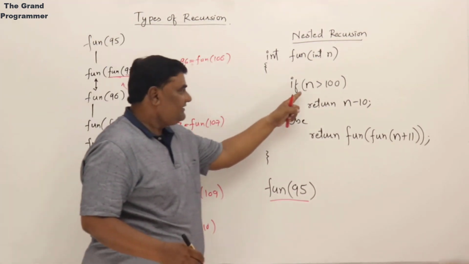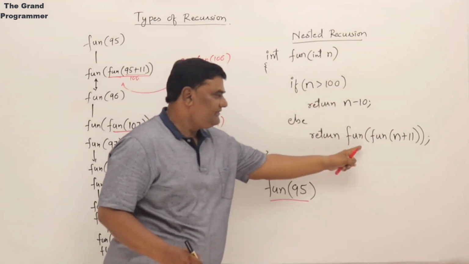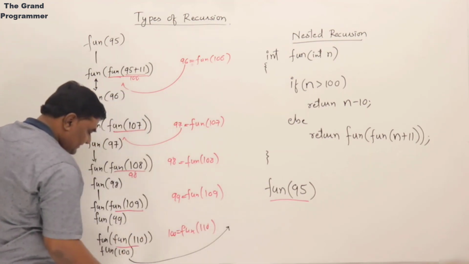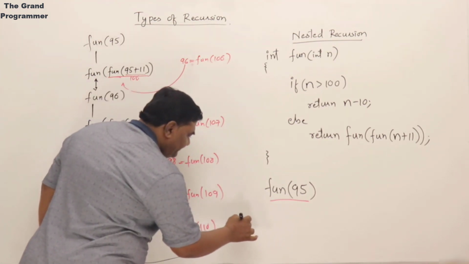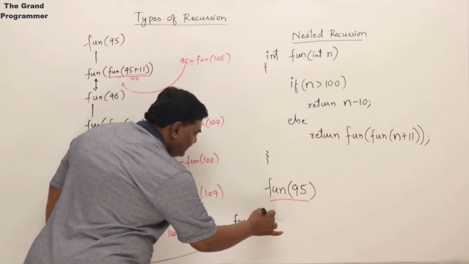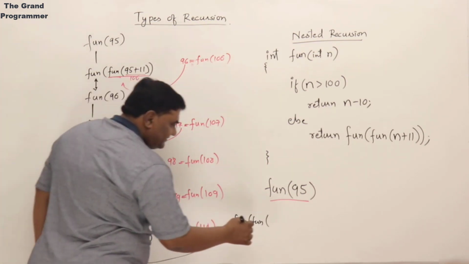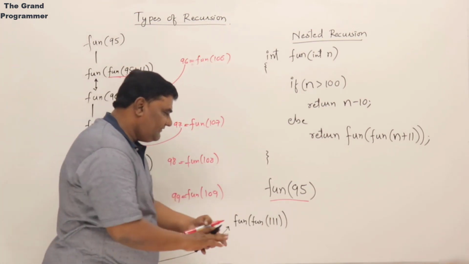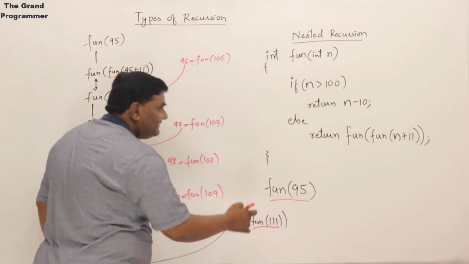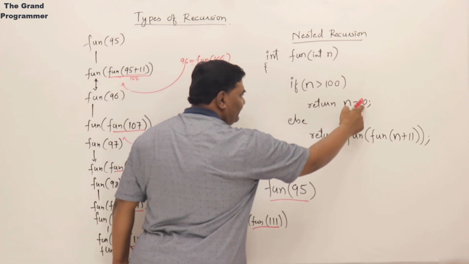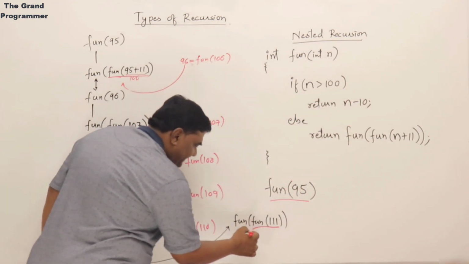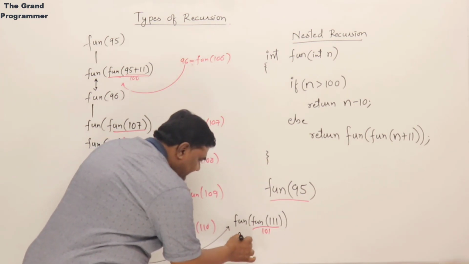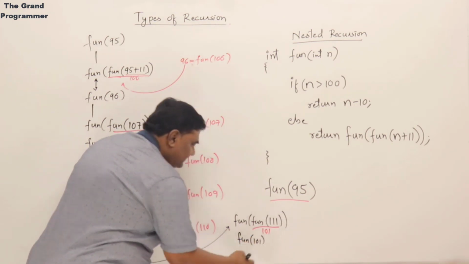Now fun of 100 is not greater than 100, so it will enter into the else part. I will continue here. So this becomes fun of 100 plus 11. So this is 111. Now fun of 111, this is greater than 100, so this is 111 minus 10, so this becomes 101. So this function call, finally it becomes fun of 101.